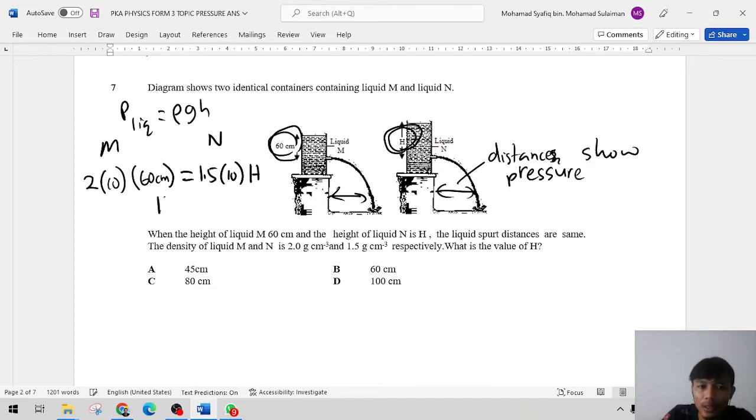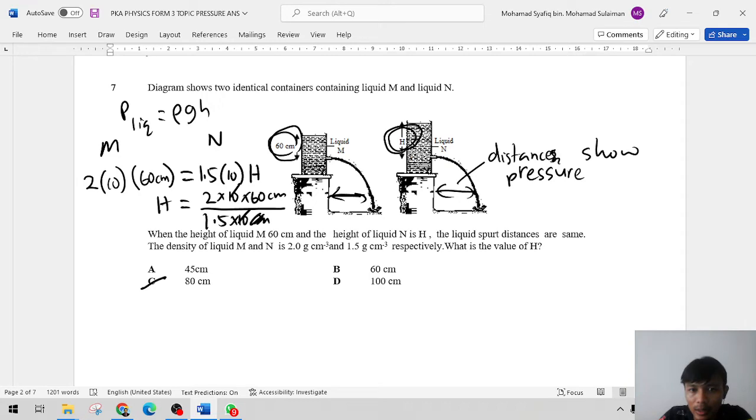Okay, so we rearrange the equation. We got 2 times 10 times 60 cm equal to 1.5 times 10 times h. So we can cancel out 10. So we got h is equal to 80 cm. Alright, so 80 cm.